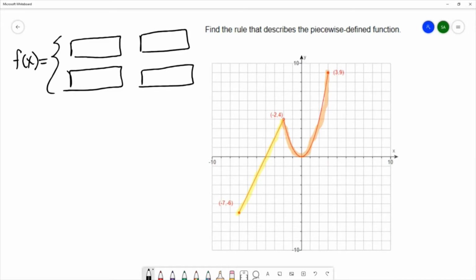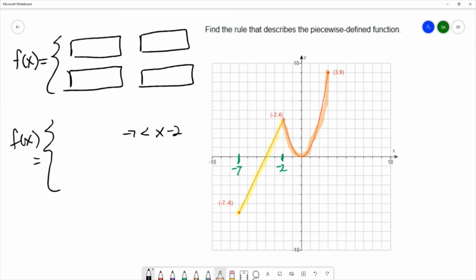So on the linear piece, I can see that that piece starts at -7, and that piece stops at -2. So for the linear piece, I am going to have the condition that x needs to be in between -7 and -2.